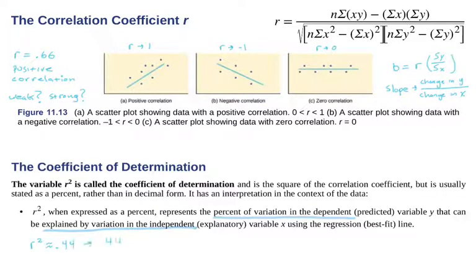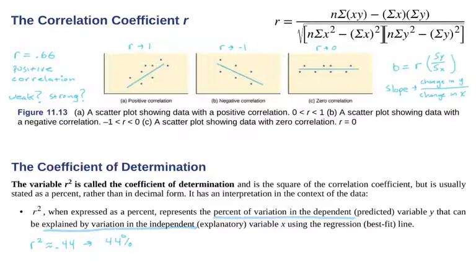And then there's also R squared, which is the coefficient of determination. And this tells us the percent of variation that the dependent variable can be explained by the variation in the independent variable here. So our R squared is 0.44, which is about 44%. We typically write this as a percent. And again, this comes from the calculator.